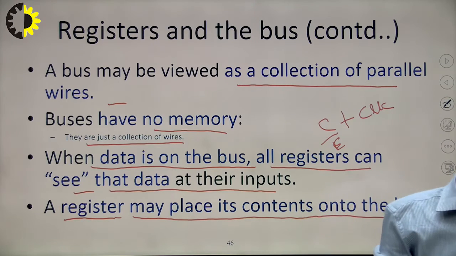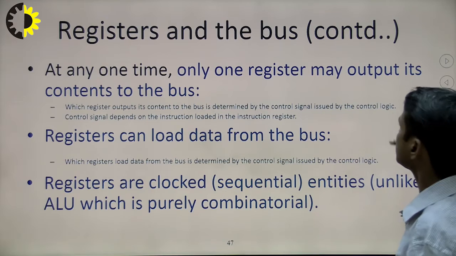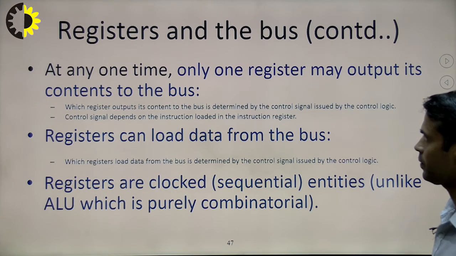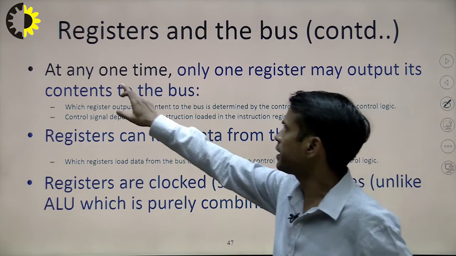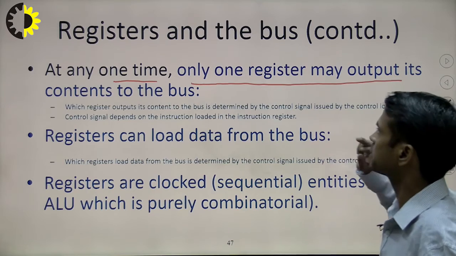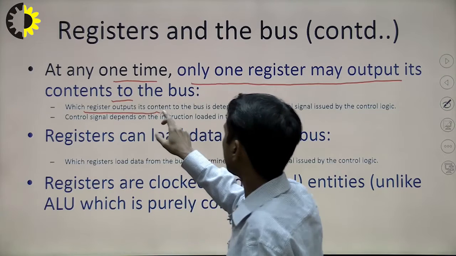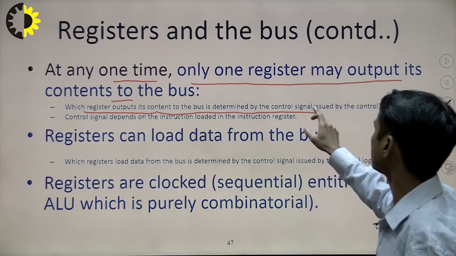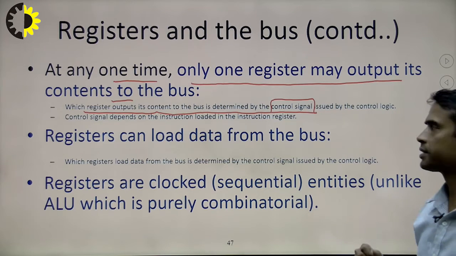Now, if we see in more detail, we can understand this in smaller steps. At any one time, as we have already discussed, only one register may output its content to the bus. Which register outputs its content to the bus is determined by the control signal, that is, the control unit connected with the bus.